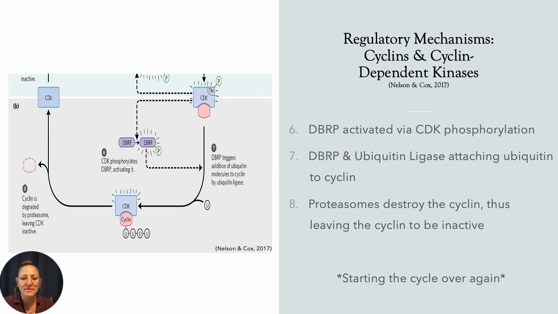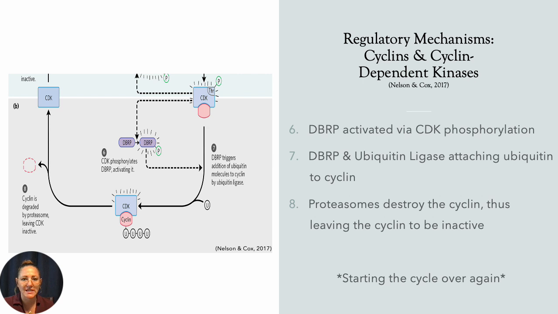We move over to step 7 on the right, showing that the DBRP and the ubiquitin ligase, which is another protein, attaches multiple ubiquitin molecules to that cyclin. And that's shown here with that little tau in the middle, bottom middle of this diagram.